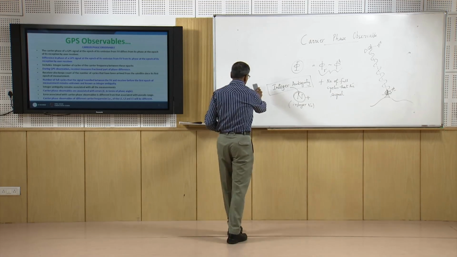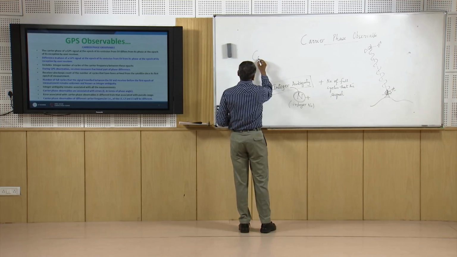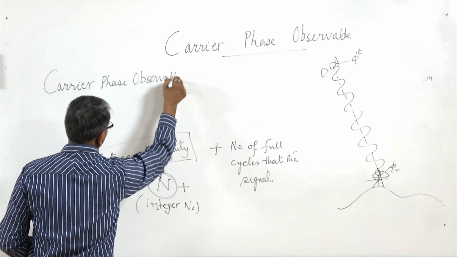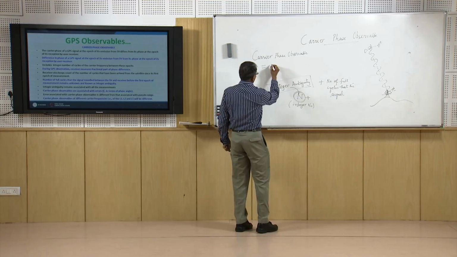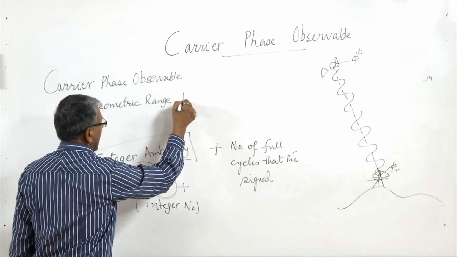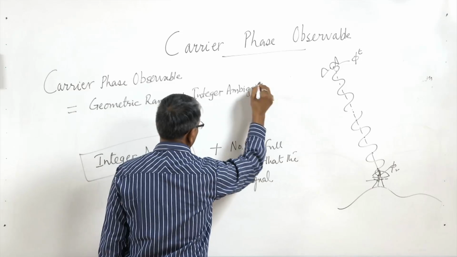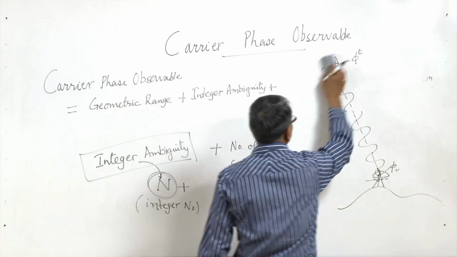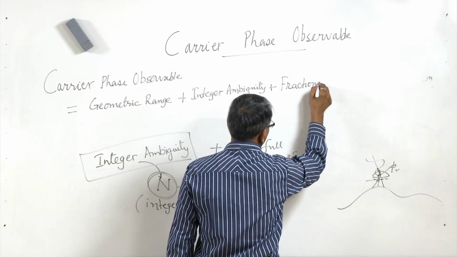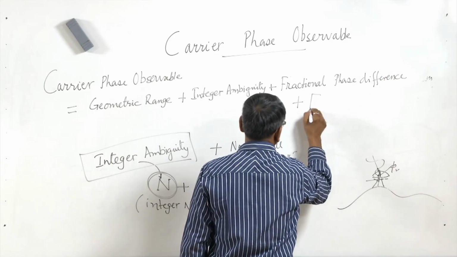So we may end up with a relation like this: carrier phase observable will be equal to geometric range plus integer ambiguity plus fractional phase difference plus errors.